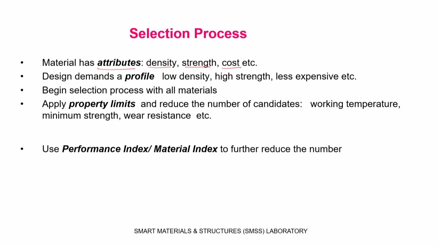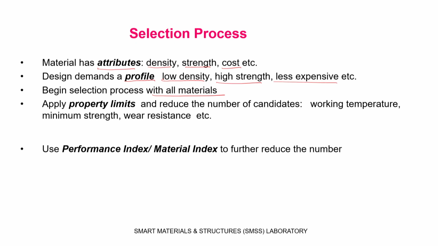Design, on the other hand, when we are designing a product, demands a profile. That means I need such and such density, let us say qualitatively low density, high strength, less expensive, etc. And I need to look into the materials and select all the materials that match this profile. That is how we will start.